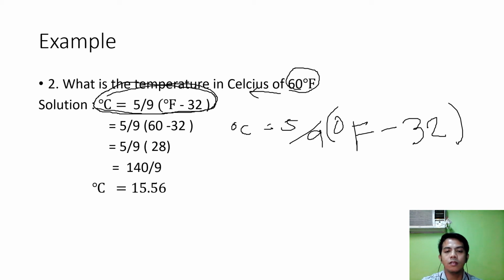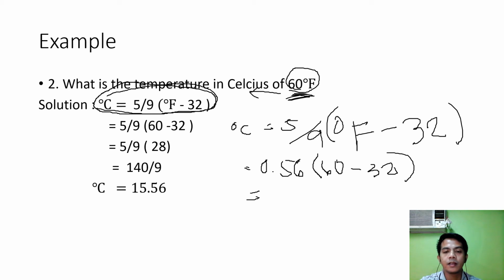Okay, so 5/9, or 5 divided by 9, is equal to 0.56. Then multiply by the value of the Fahrenheit, or the temperature, 60, minus 32.